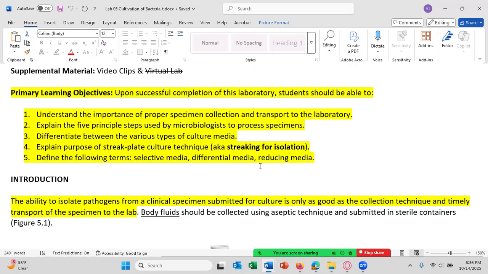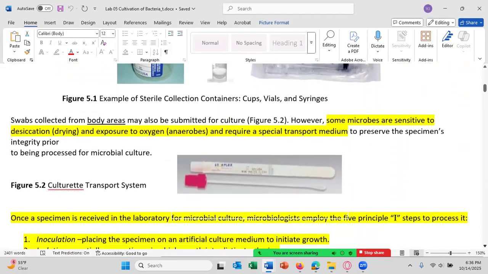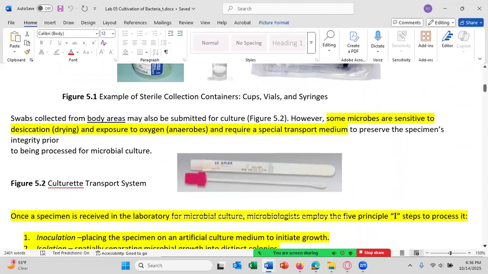All right. The ability to isolate pathogens from a clinical specimen submitted for culture is only as good as the collection technique and the timely transport of the specimen to the lab. Some microbes are sensitive to desiccation, drying out, and some are sensitive to exposure to oxygen, almost all anaerobes, and therefore require a special transport medium.